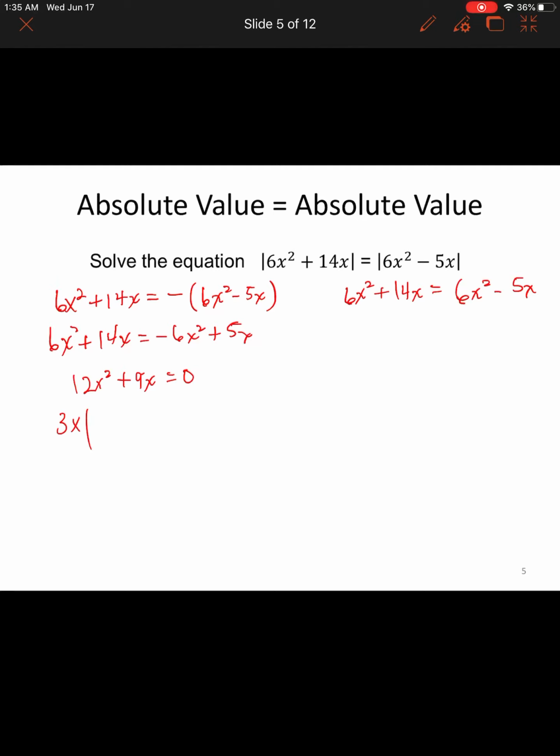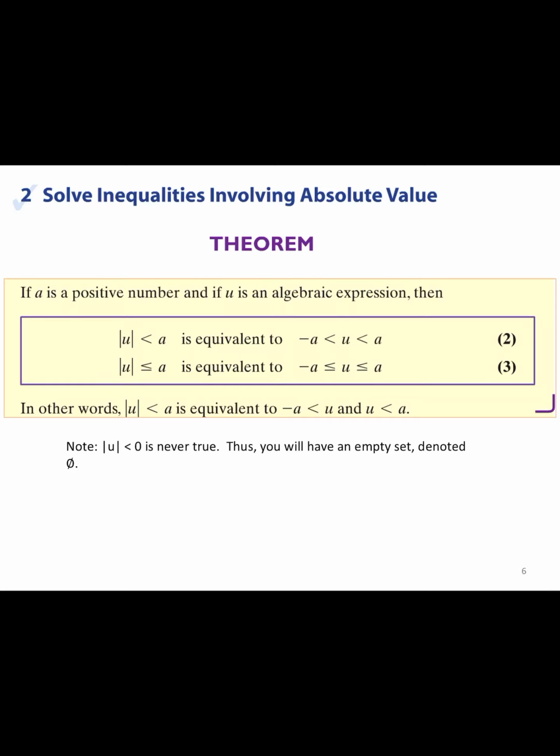We pull a 3x out of both of those, so you're left with 4x plus 3 equals 0. And so x equals 0, x equals negative 3/4. Alright? And you'll do the same thing for this guy over here. Let's keep it rolling.